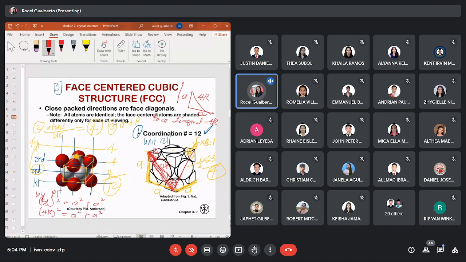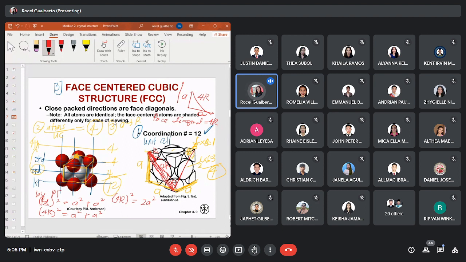So, coming from this now, you can compute for the value of A in terms of R. We have here 4R quantity squared is equal to 2A squared. A squared plus A squared is 2A squared.